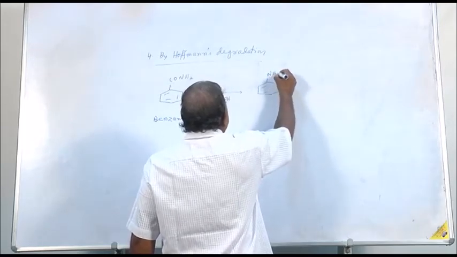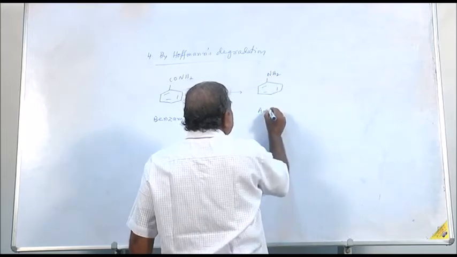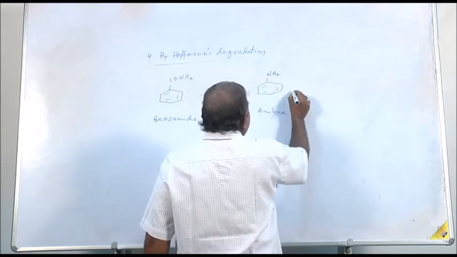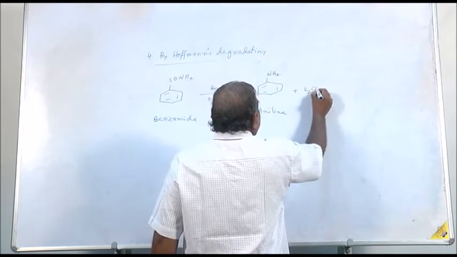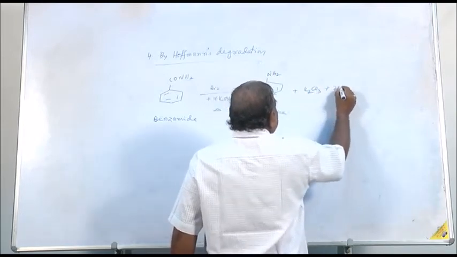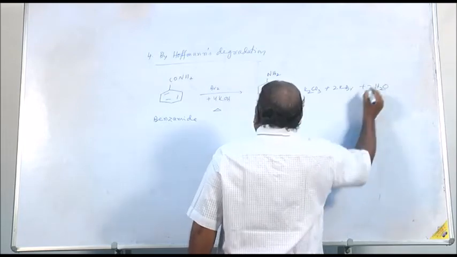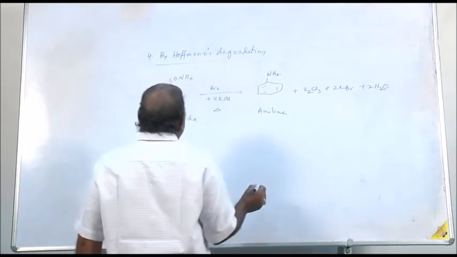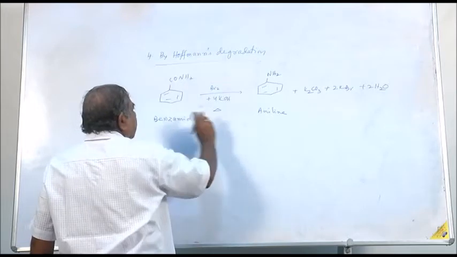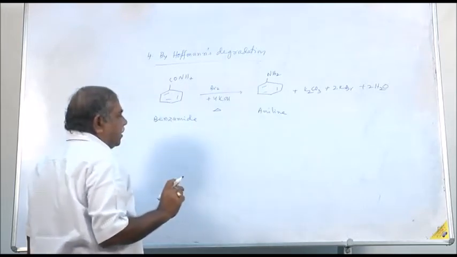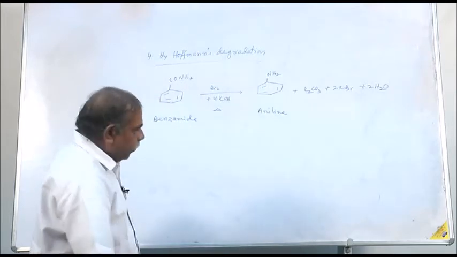Therefore, the word degradation is used. Aniline along with potassium carbonate, potassium bromide and water. So this is the Hofmann degradation method. One carbon atom becomes less. Aniline is a primary amine.